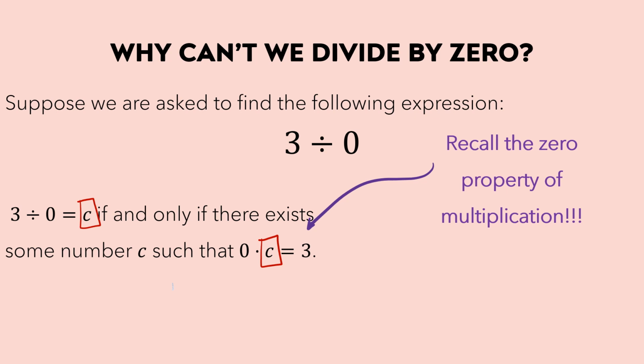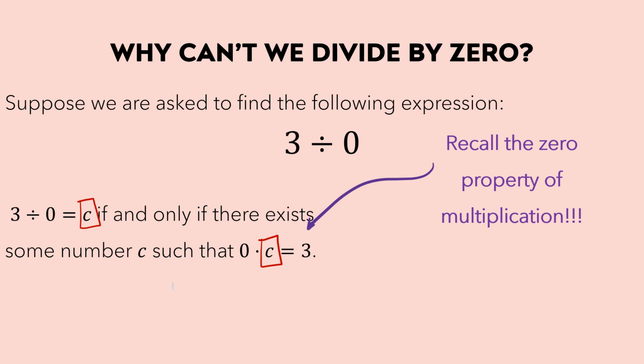And recall our zero property of multiplication that we learned in the last section. The zero property of multiplication tells us that anything multiplied by 0 gives you back 0. All right, so I'm just looking to read the formal definition of that property. It says for every whole number a, a times 0 equals 0.